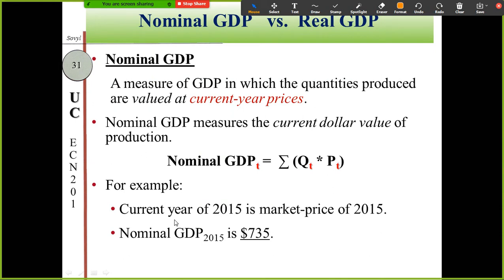So based on our table earlier, we can find that nominal GDP in 2015 is 735. How to get 735?